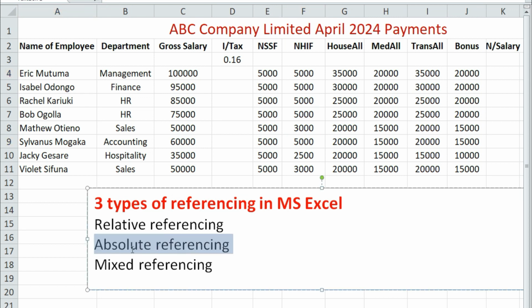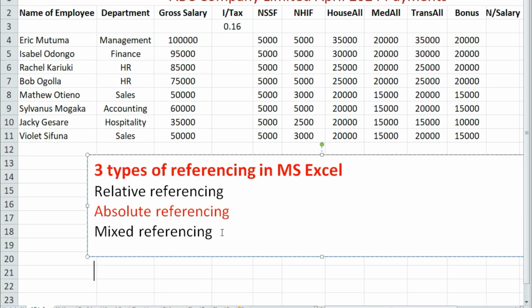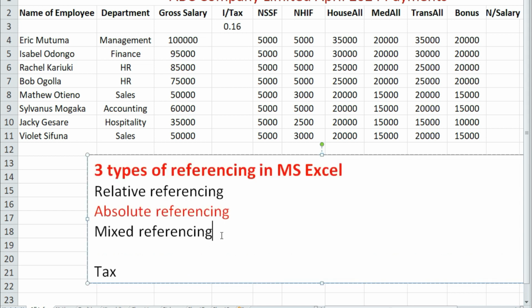So what we want to do is absolute referencing. As you can see, the formula to find tax is equals to income tax percent times the gross salary.